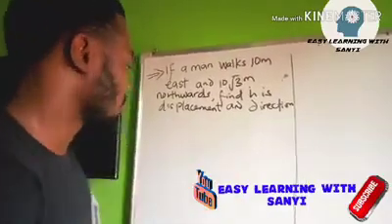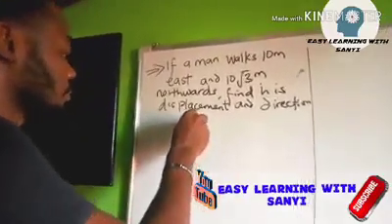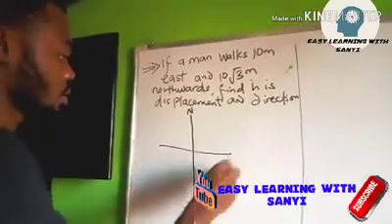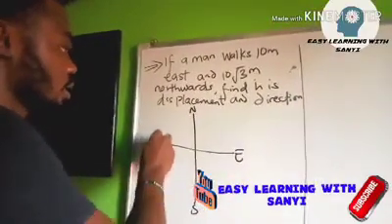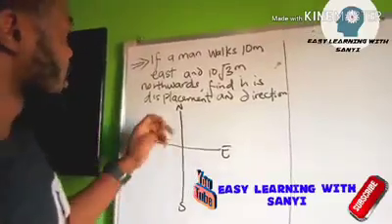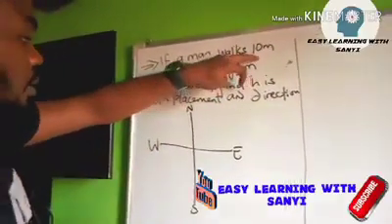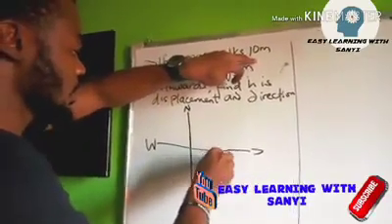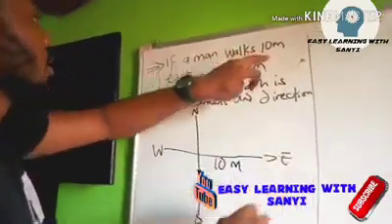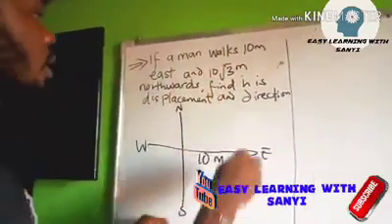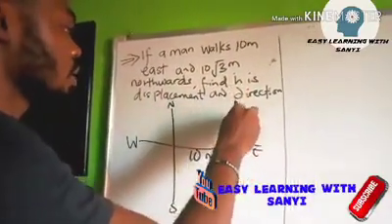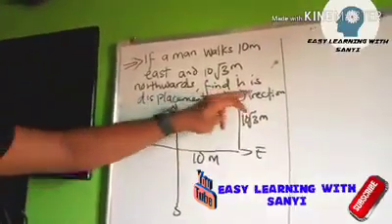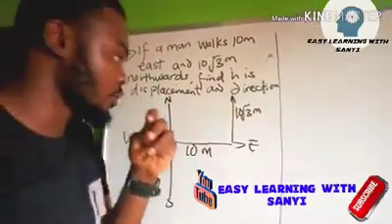These are the 4 cardinal points: north, south, east, and west. If a man walks 10 meters east, it means he was walking 10 meters due east and 10√3 meters northwards.